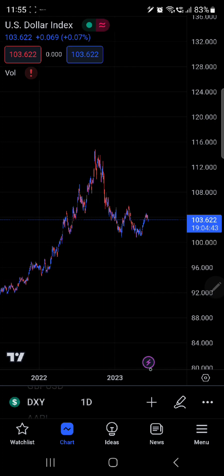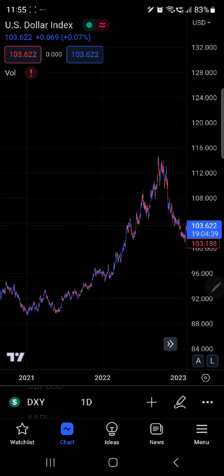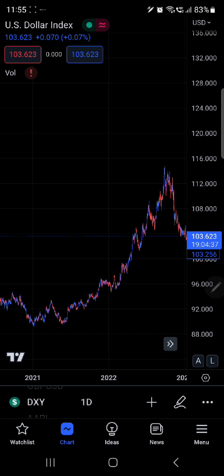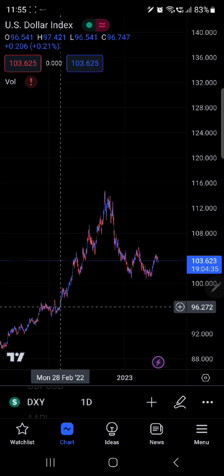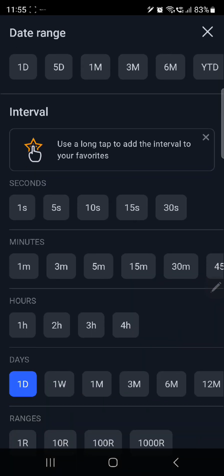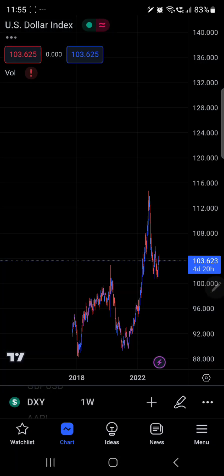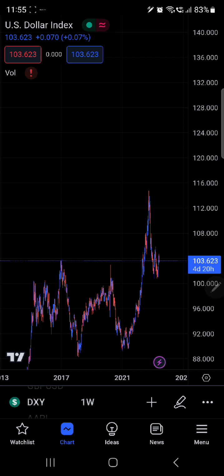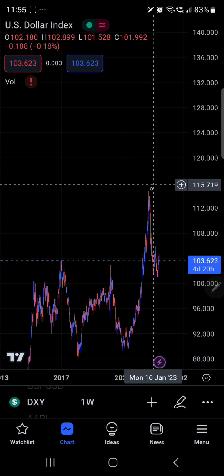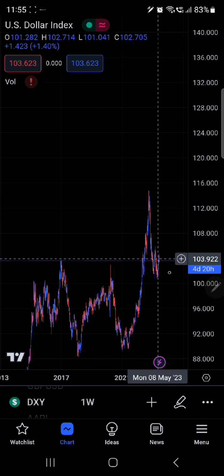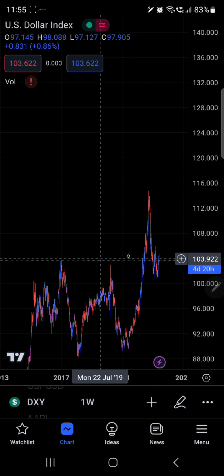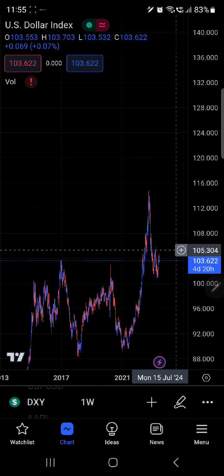Is it strong? Let's see. Let's change it to 1 week. The US was stronger before this, but it fell right under the, okay, if you see, let me draw something.